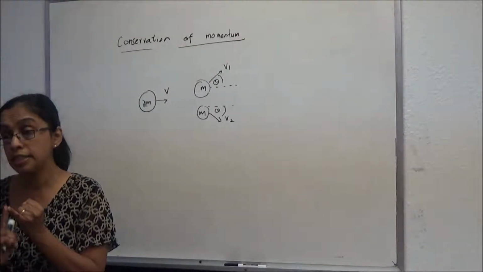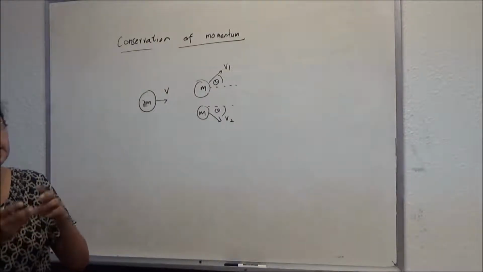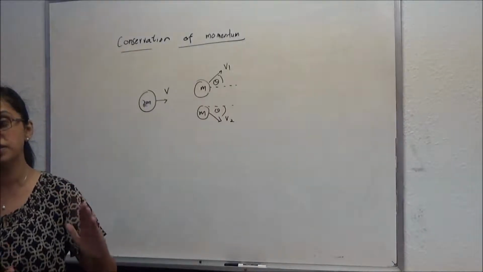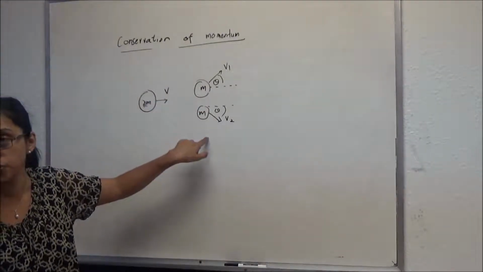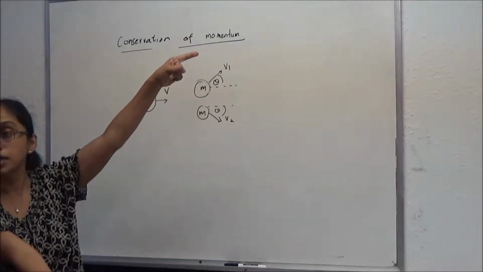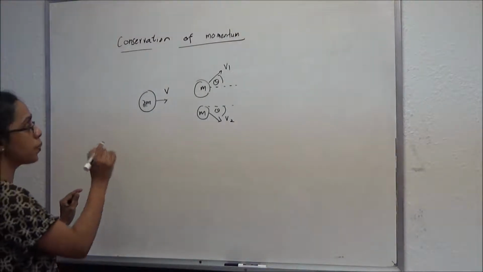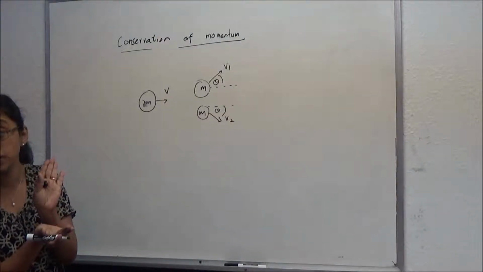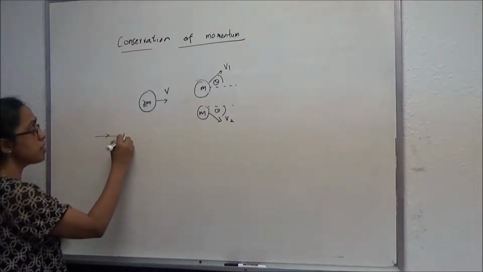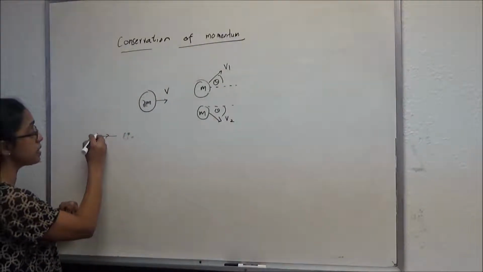Once again you have to consider the direction. In the earlier example it was just one direction, either forward or backwards. Now you see three directions, don't you? You see a forward direction, then you see movement upwards as well as downwards. So in these cases what we do is we consider two perpendicular directions, either this way or that way. So you can write using the conservation of momentum in this direction.